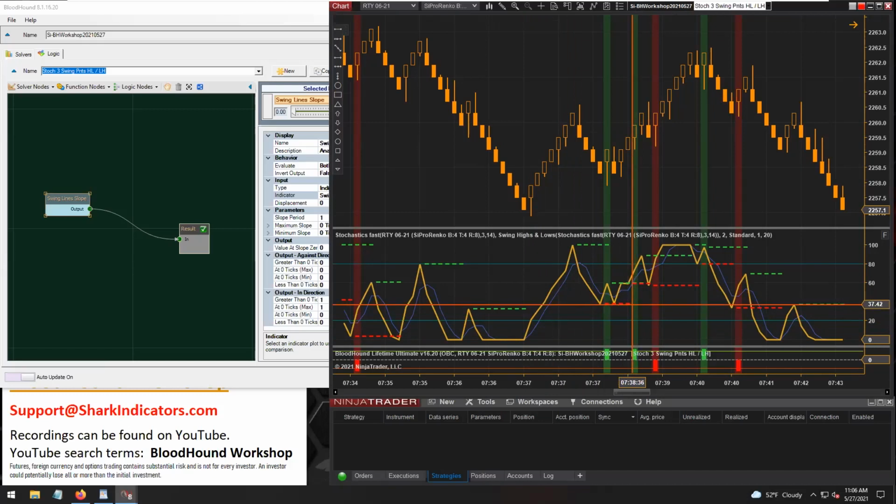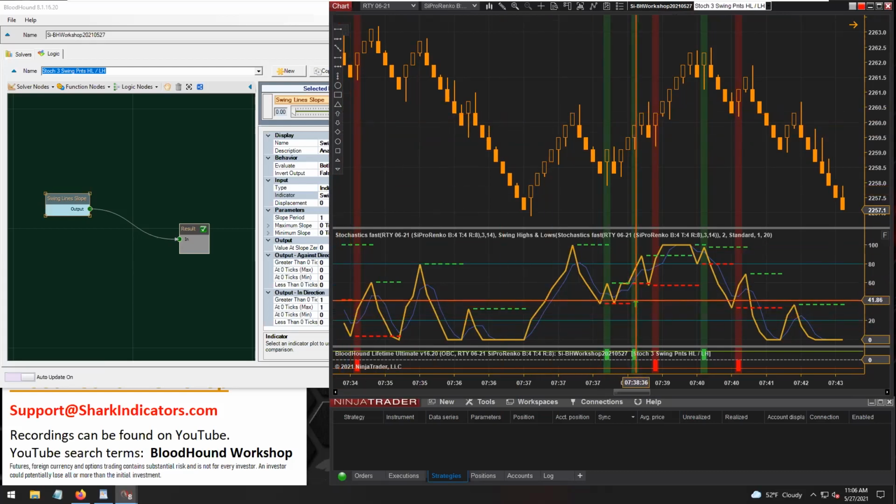So what ultimately we're going to get at is we're going to be looking for two long signals in a row, or two short signals in a row. So let's mark this here.